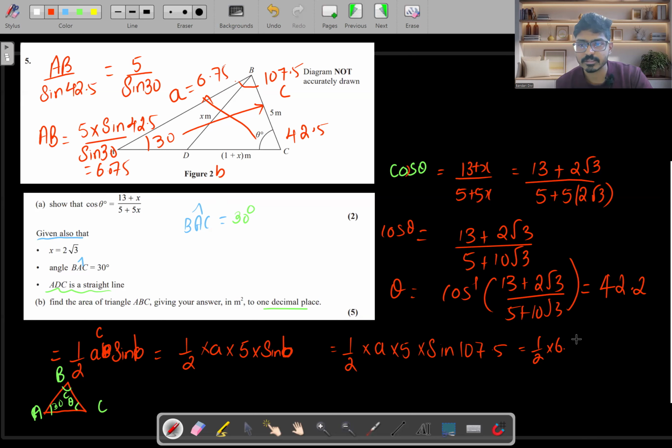So 6.75 multiplied with 5, and, with one decimal place, 6.7, multiplied with sine 107.5.